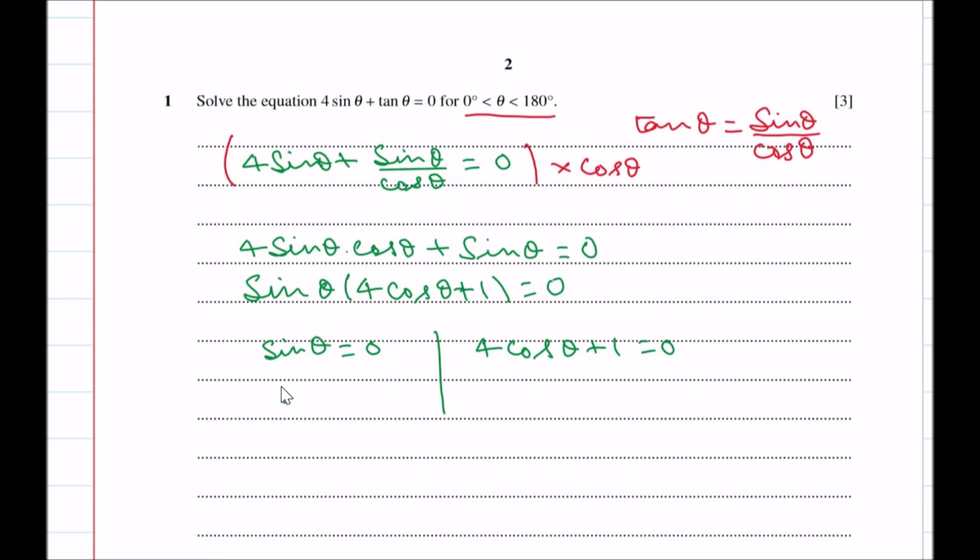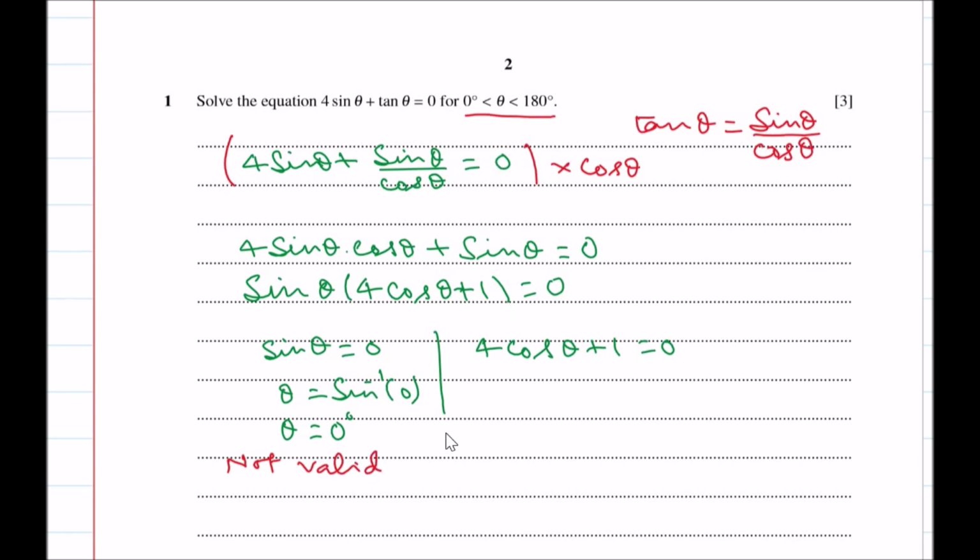If we find sin theta equal to 0, theta equals sin inverse 0, so theta equals 0 degrees, which is not valid. If you see the range given here, theta must be greater than 0. So this is not acceptable, not valid. Theta equal to 0 is not our solution.